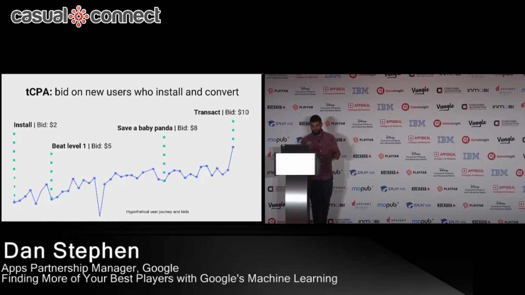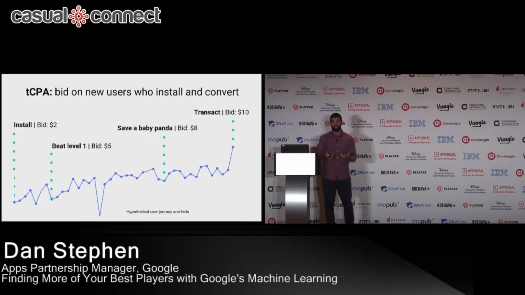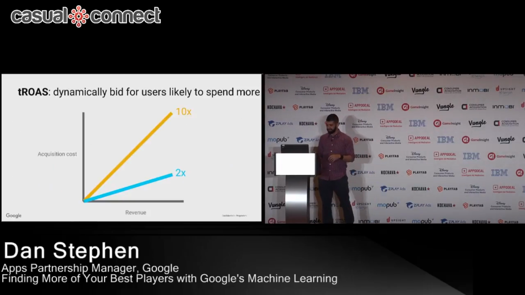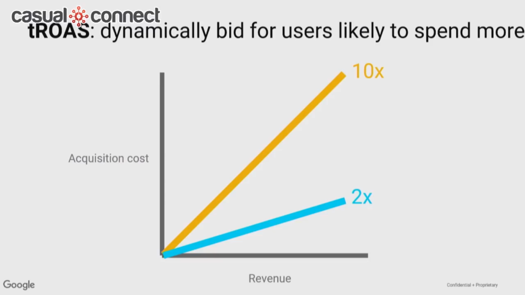But for many of you, events and conversions might not tell the full story. It's not just about making a first purchase or completing a level. It's ultimately about the revenue that each of these installs is driving for you. And so that's why, in addition to setting a TCPA, our universal app campaigns, our UACs, will soon give you the ability to bid on a target ROAS.